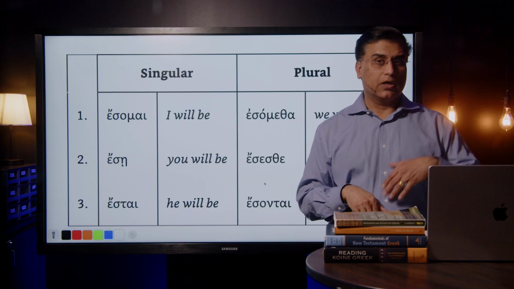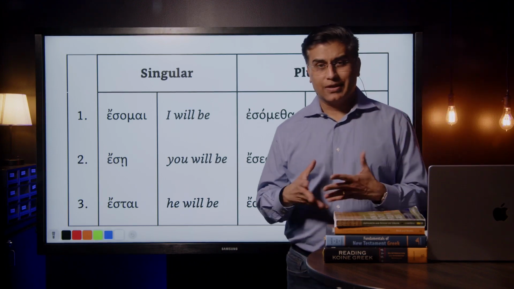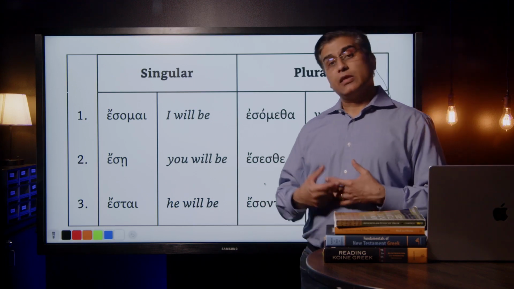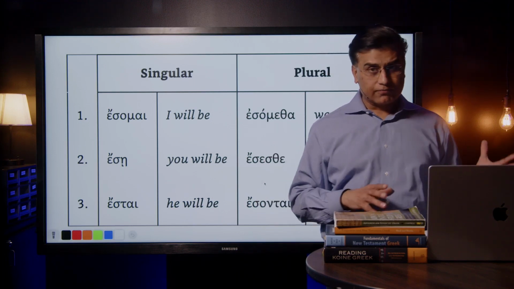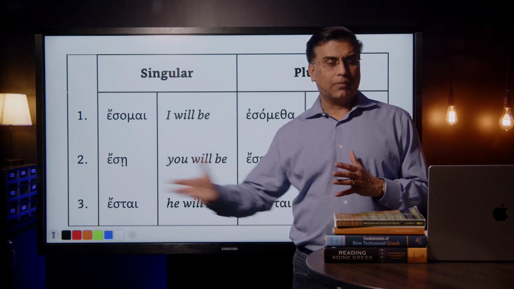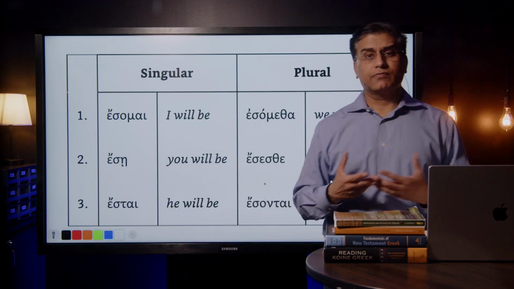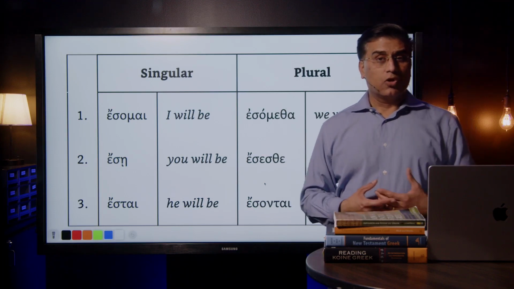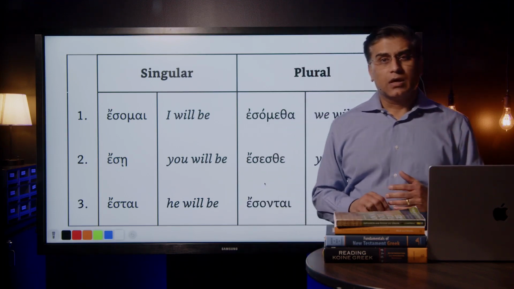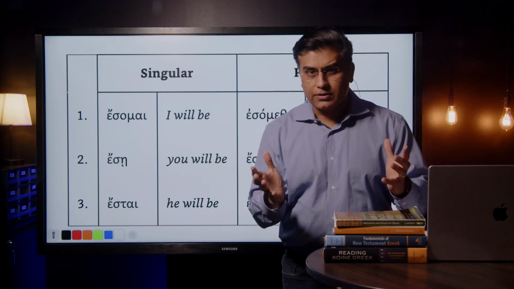Remember, we talked about the three voices in Greek. You have the active, the passive, and then the middle. Active: the subject does the action on the object. Passive: the subject receives the action. Middle, as we've been discussing, stands in its own right.